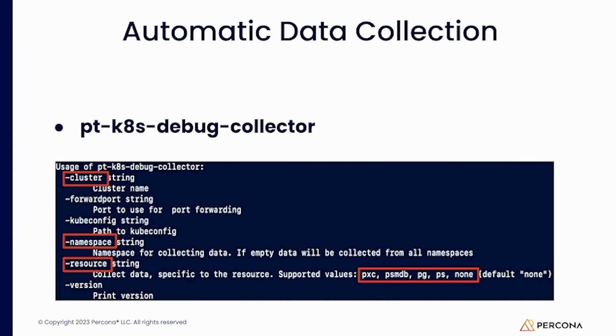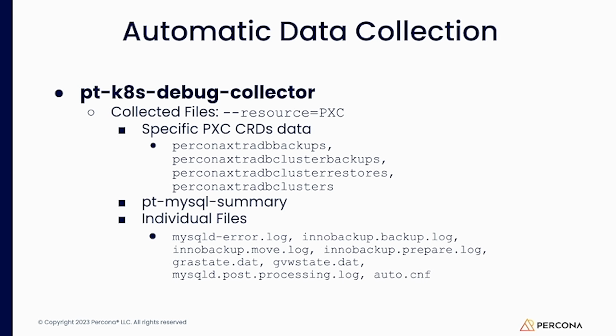For example, let's say you are using the PXC operator, it will collect logs from the PXC containers, right? Here there is an example of the collected files done by the resource flag PXC equals PXC and collects information from the custom resource definitions, Percona XtraDB cluster, backup, restores.